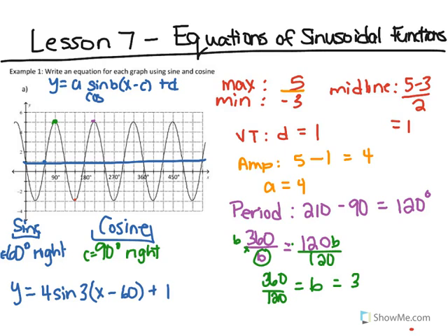So there is the sine function. Our cosine function will be the same thing for cos 3. The only thing that changes is it's x minus 90 degrees plus 1. So there's an equation in both sine and cosine.